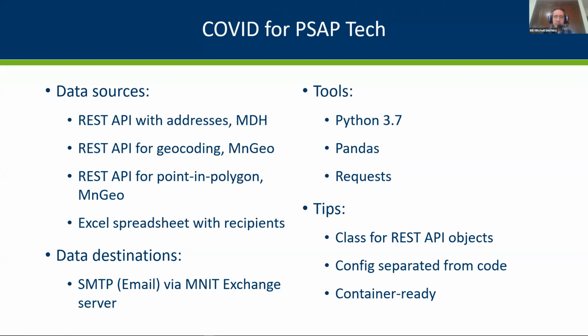So we used REST APIs to grab addresses from the Department of Health, a second REST API to geocode against the NG911 enabled geocoder, and a third REST API to do the point in polygon with an internal data set on where the PSAP boundaries are.